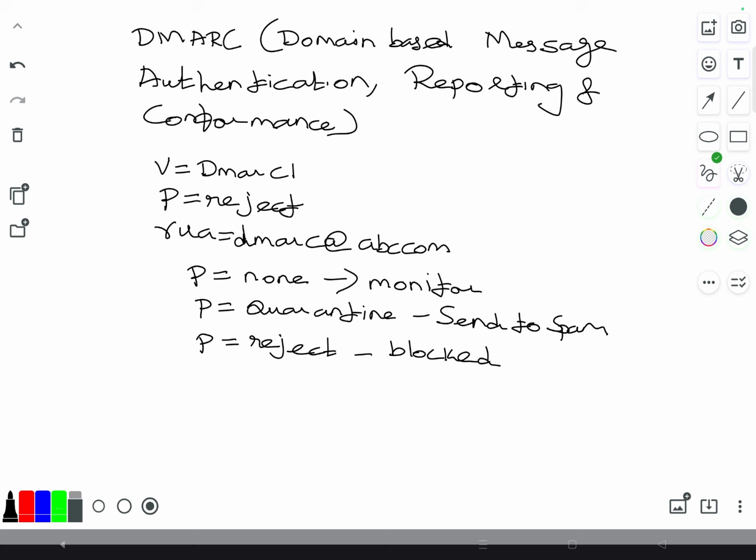One is none, meaning monitor mode, which will just log the incident. The next is quarantine. It will put the delivery in a suspicious bin, which is the spam box. Reject. It doesn't accept the delivery at all.